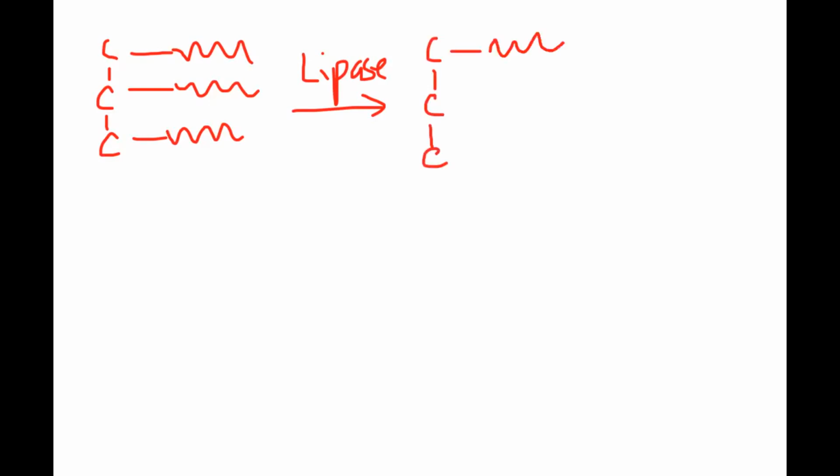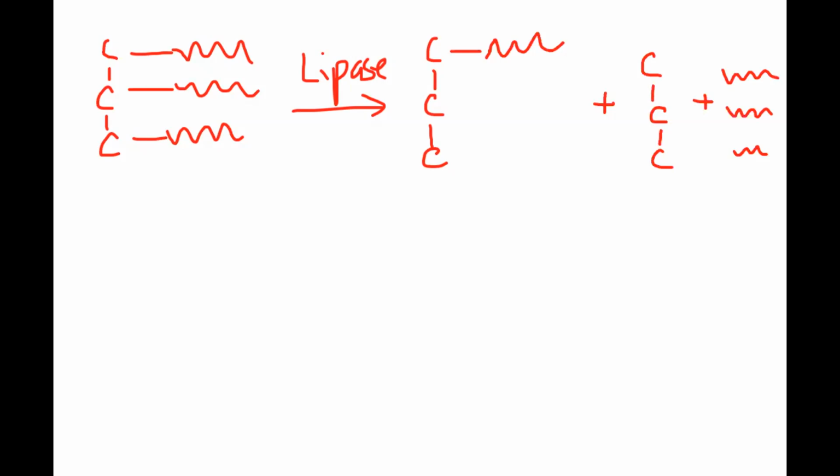One has one fatty acid tail, it's called a monoglyceride, and then you can have some just the glycerol, and then you can have some free fatty acid.